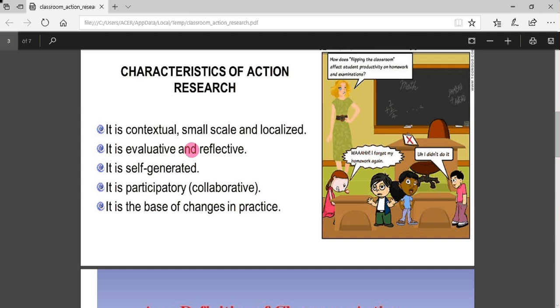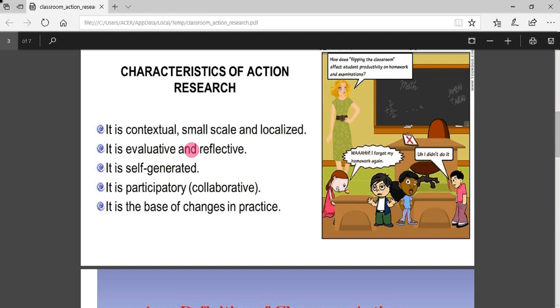When you have already collected the data from the interview, from the test, from the writing performance, from the speaking performance, and so on, then you try to evaluate what is happening. Is there something wrong? Then you try to make reflection.